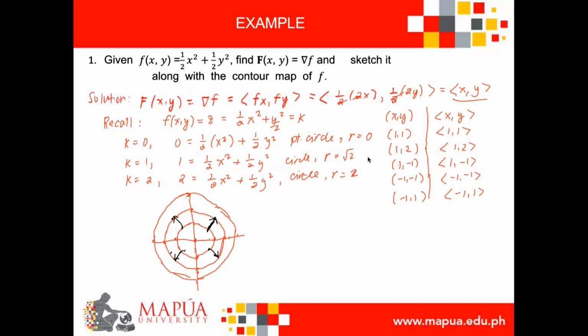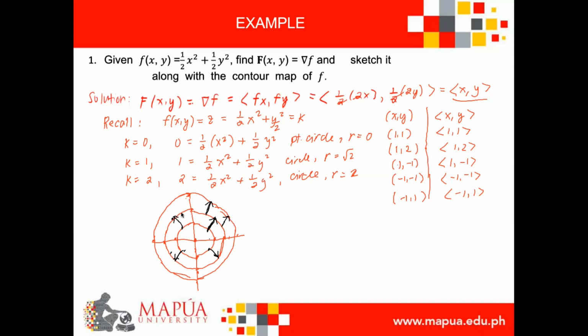So this will continue if we assign another set of points here and solve for the component of your gradient vector field. So we can simply assume that this will be the result of your vectors that are orthogonal to the contour map. We can just draw additional vectors here in the same direction as your vector here, which is in the first quadrant, so they have the same direction.